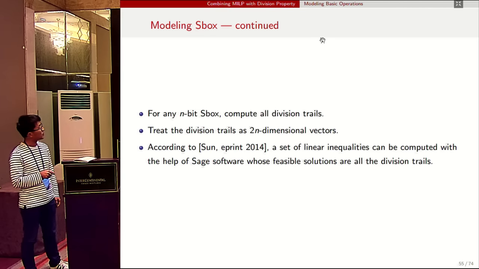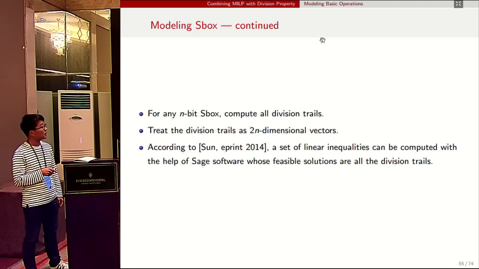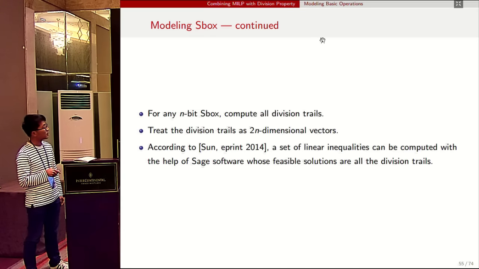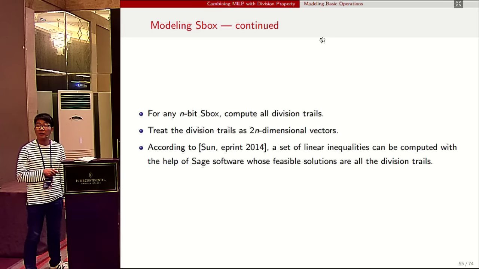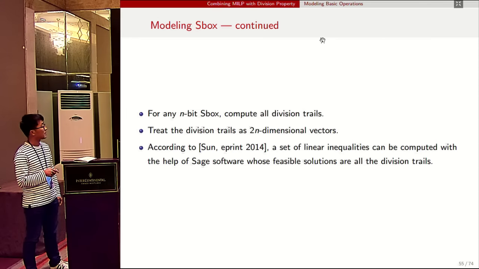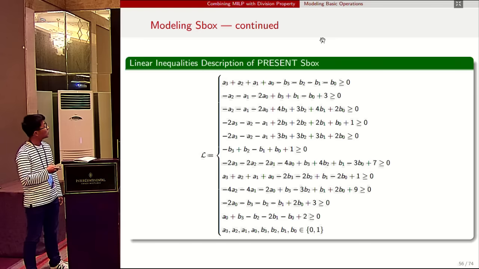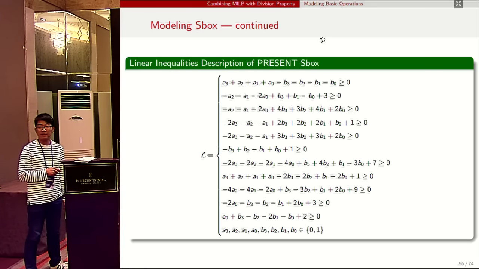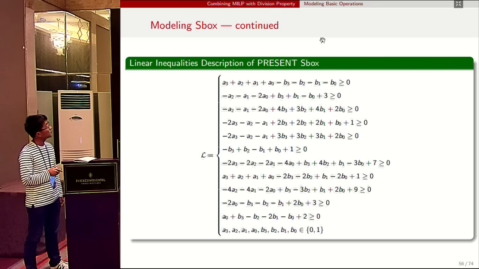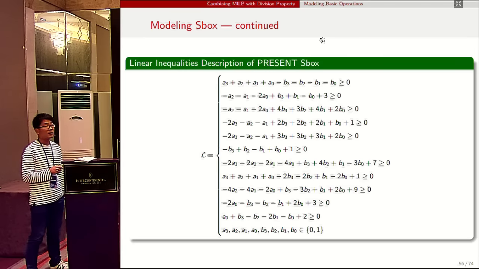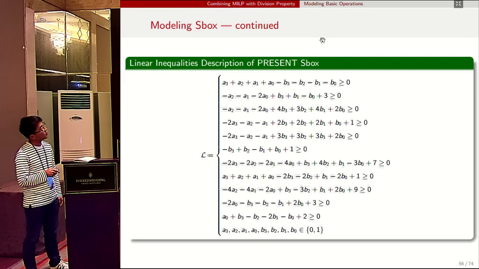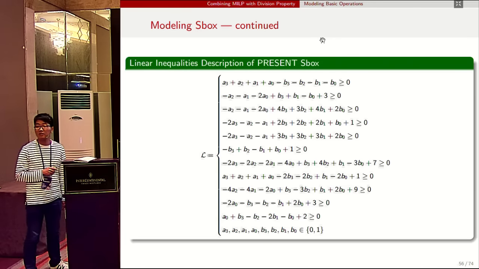At last, according to Sun's idea, we can compute a set of linear inequalities with the help of Sage software, and all the feasible solutions are all the division trios. These are the 11 inequalities we found for the PRESENT S-box. In these inequalities, A3, A2, A1, A0 denote the input division property, and B3, B2, B1, B0 is the output division property.